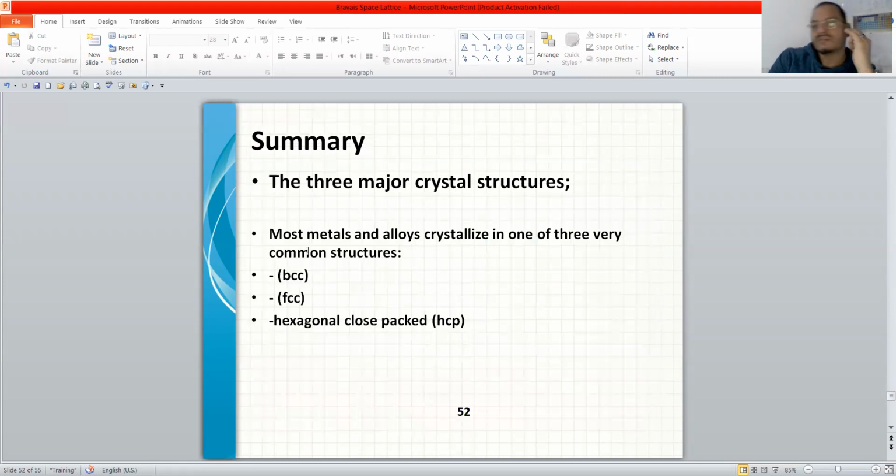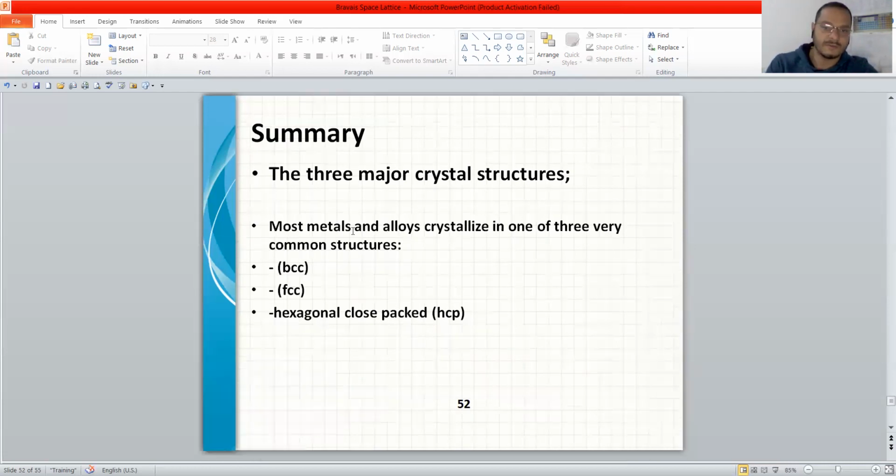Now, the three common structures are the body-centered cubic structure, the face-centered cubic structure, and hexagonal close-packed. All of these three kinds are very important and very common in our research.